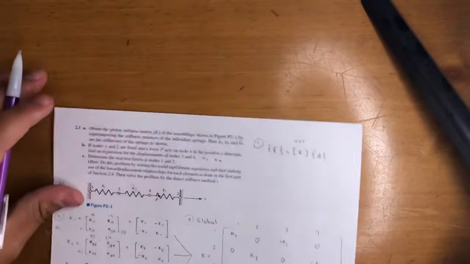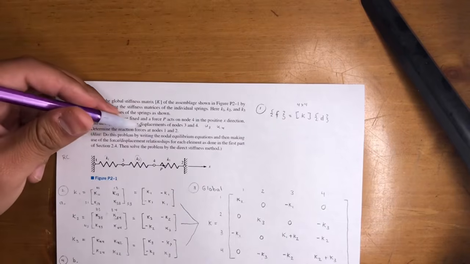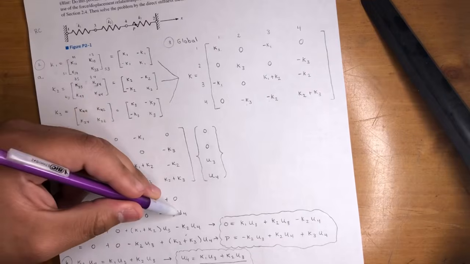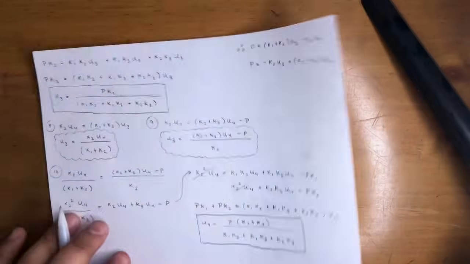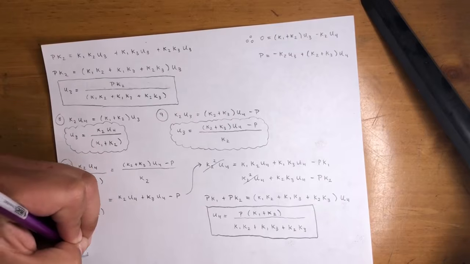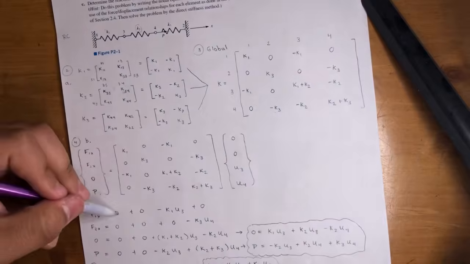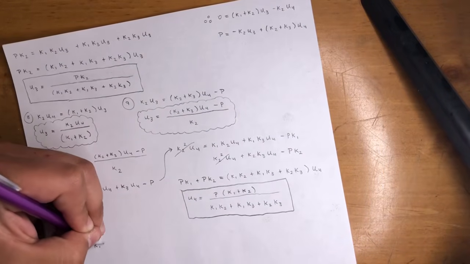That's it. So now part C, determine the reaction forces at node 1 and 2. Now that we have U3 and U4, we can find F1x and F2x. So I'm going to write these equations on the other side, step 11. F1x is equal to 0, 0, negative k1u3.